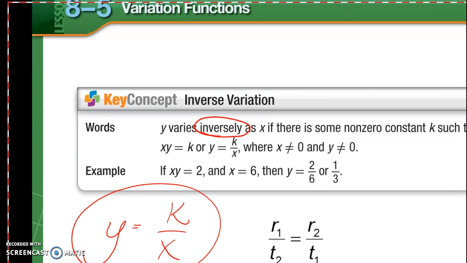So this is a rational equation. If we were looking at the proportion, notice it's a little bit different, because instead of the first r over the first t, it's r over the second t, and so forth. Also, you can look at it like this: when I multiply these two, that gives me my constant of variation.